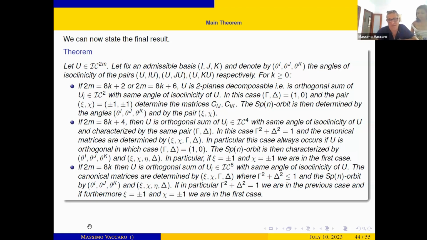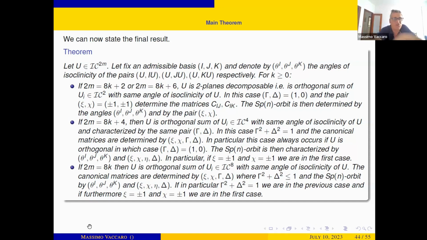In this case, gamma squared plus delta squared equals 1, and the canonical matrices are determined by these 4 numbers. The SPN orbit is then characterized by theta I, theta J, theta K, and by these 4 numbers. So we have 7 numbers to determine the orbit. Three are the angles, and these also are angles anyway.